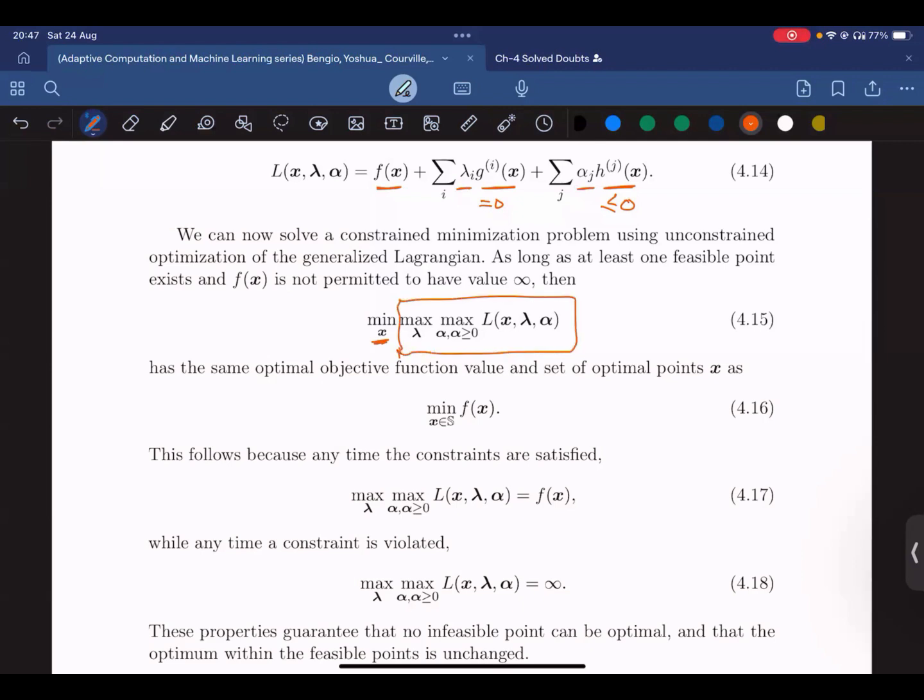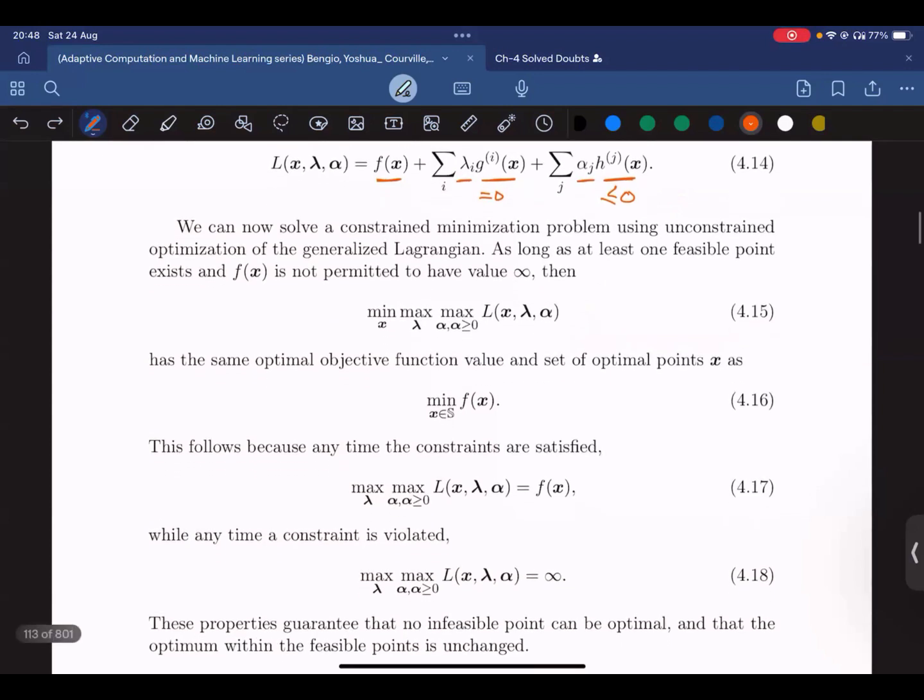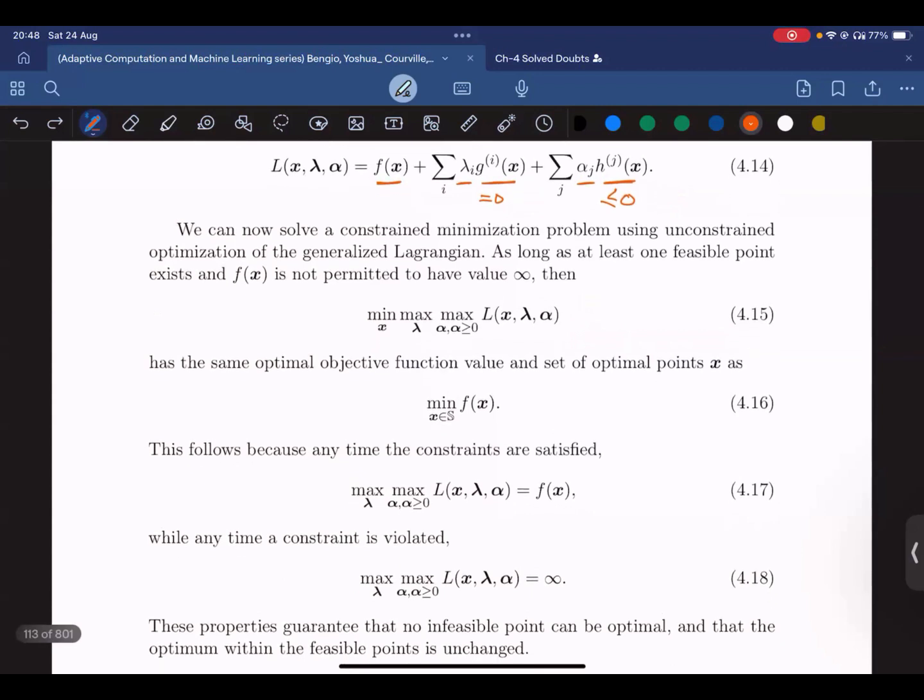We have to follow these equality and inequality constraints, because if we don't follow the equality constraint, this can go to infinity. And if we don't follow the inequality constraint, it's worse than following it. So this is better because it will minimize this quantity. This is a creative representation of handling the equality and inequality constraints by just obtaining the value of this quantity.